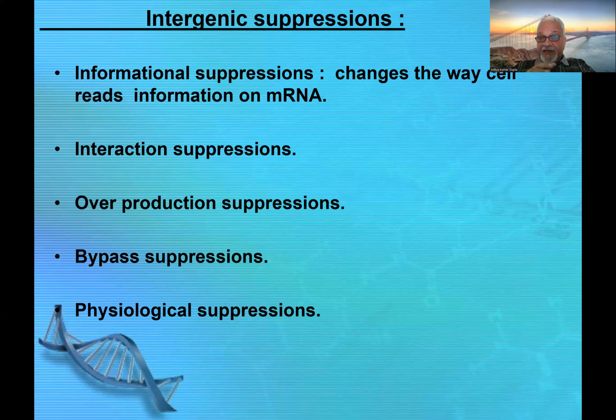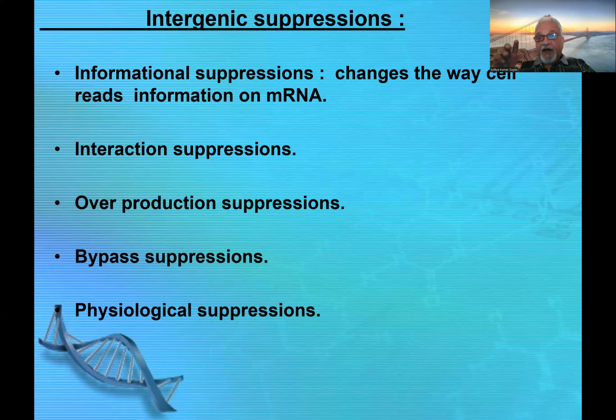I repeat myself: now we are considering the second possibility, that is, a second mutation happening in another gene, and that second mutation is such that it suppresses the previous mutation to give you a wild type phenotype. Okay, so this is what we call intergenic suppression. And also, this is one way of conditional mutations.